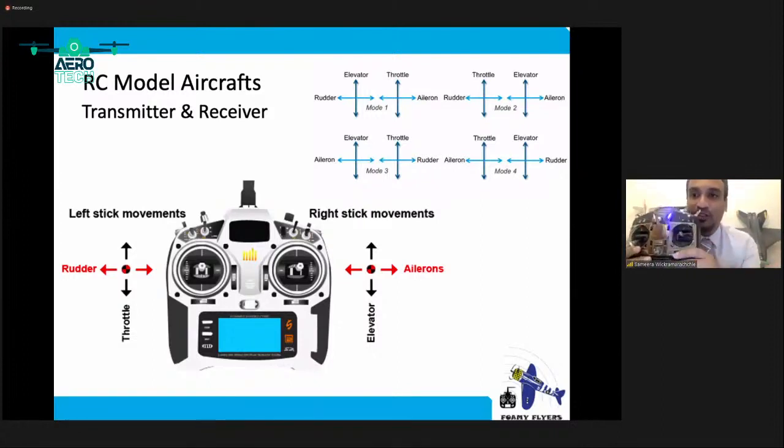Let's say you're flying the aircraft and you let go of the sticks and the aircraft tends to move right, or maybe move left, or maybe it's pitching up or pitching down. There are something called trim tabs. If you want to trim it out, for example, if it is going sideways, then you can give a bit of trim, and then you can get the aircraft to fly in straight and level flight.